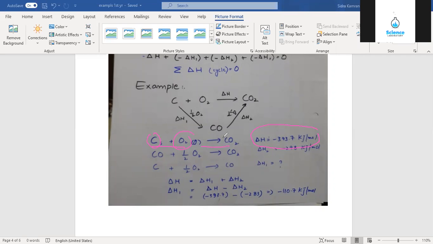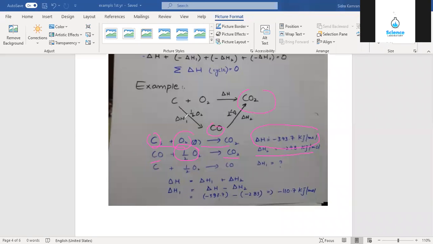This is a triangular cyclic path. You are not making it directly, you are making carbon dioxide by another route, first making carbon monoxide. So delta H1 is for that step. From carbon monoxide you make carbon dioxide. So carbon monoxide reacts with half a mole of oxygen to make carbon dioxide. The enthalpy change is minus 298 kilojoules per mole.